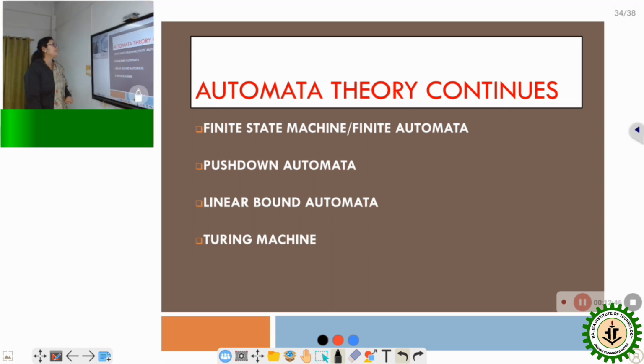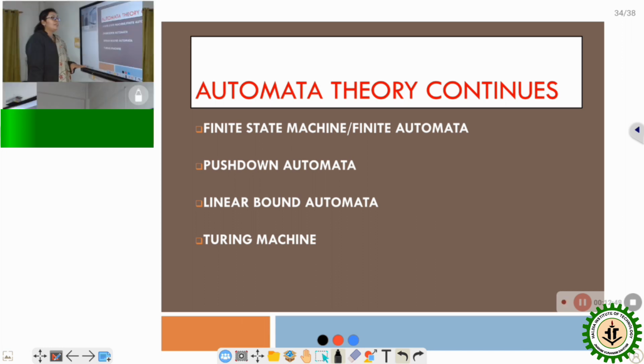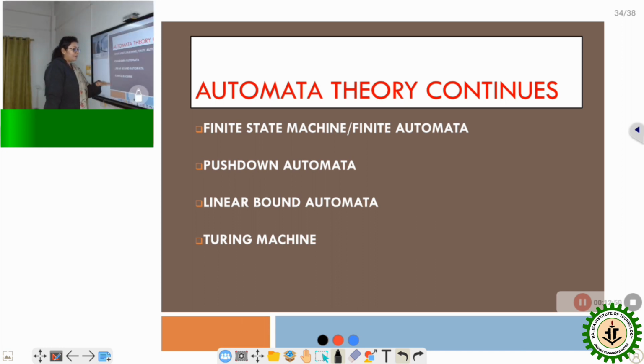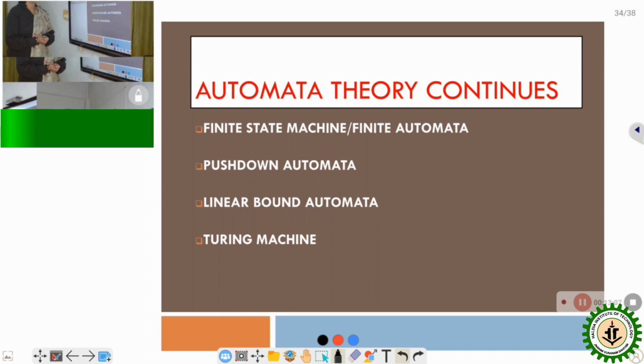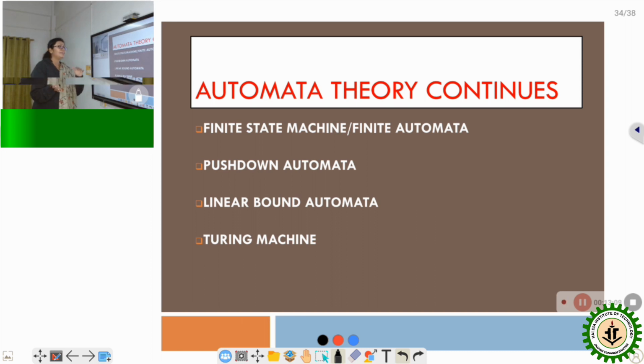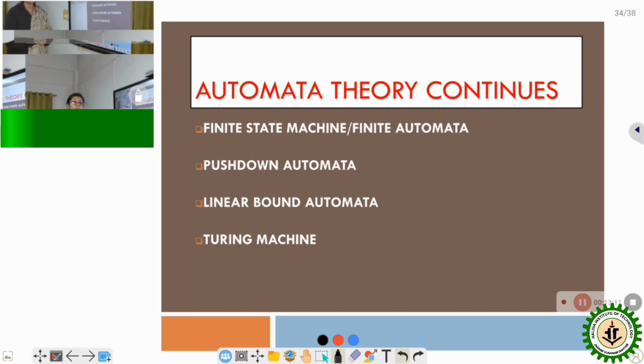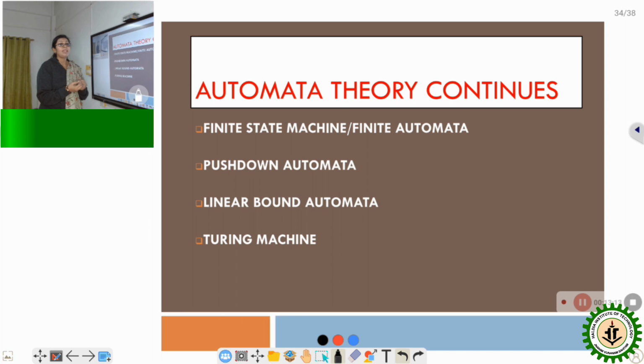One more thing, in automata theory, after this slide we will discuss the introduction to automata theory. Automata theory is all about your language, your symbols, your alphabets, grammar. You may ask me that we are having a computer science paper, then how are language and grammar a part of it?